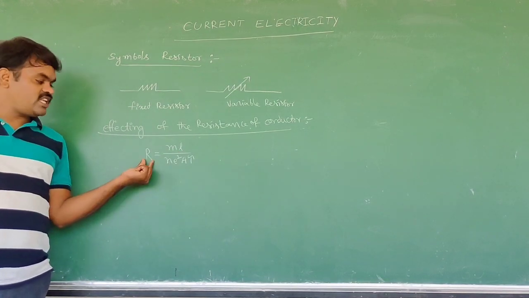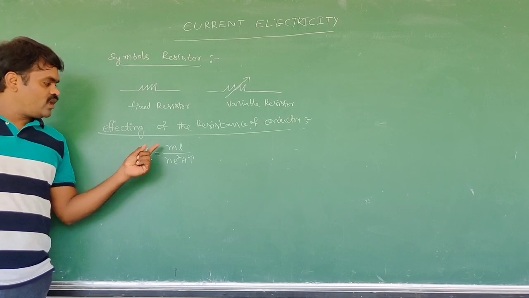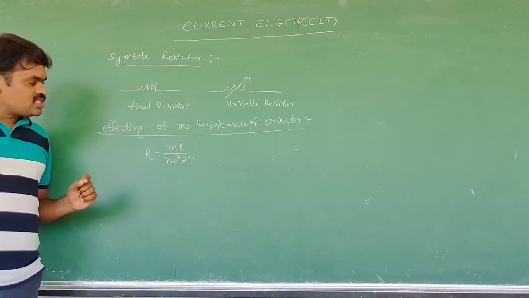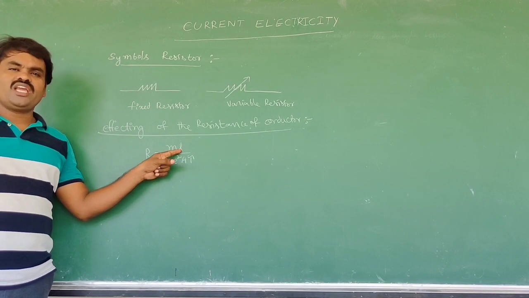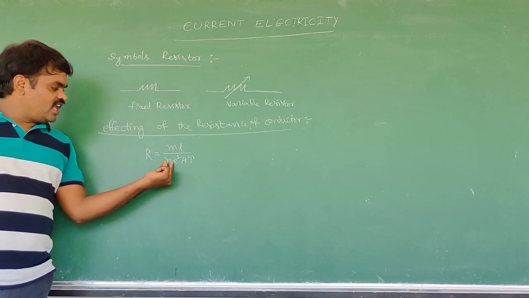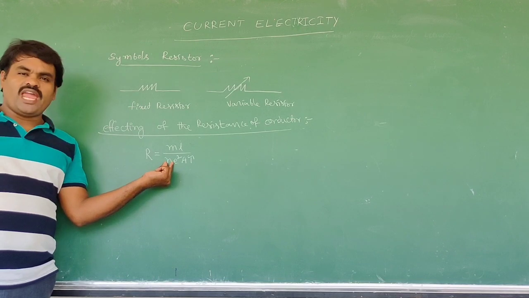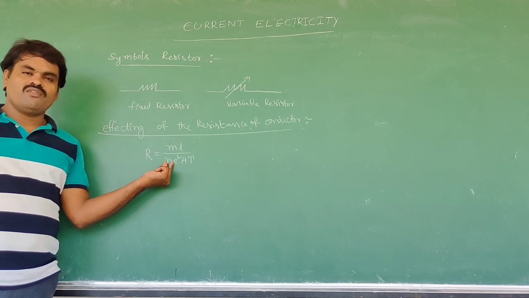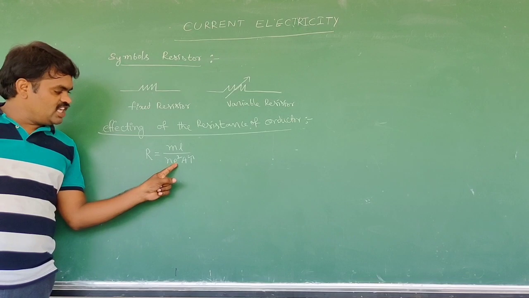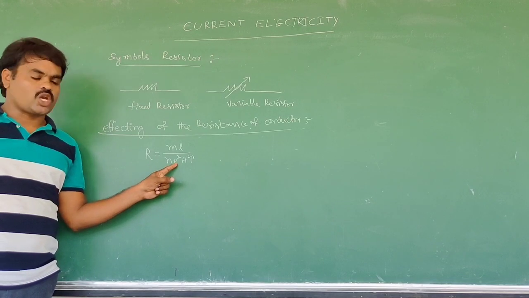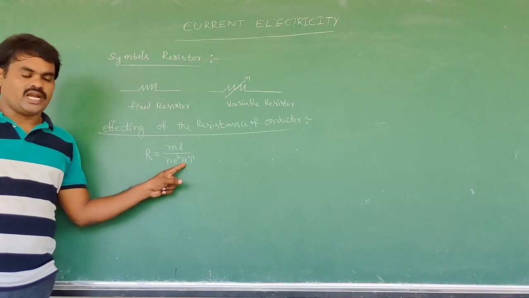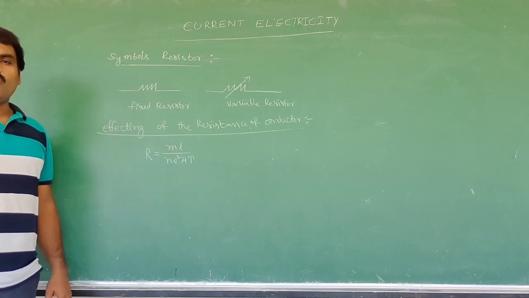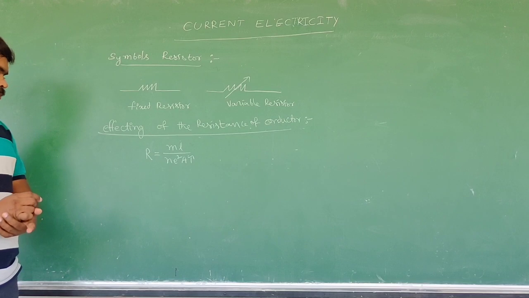This is the resistance formula. m is the mass of the electron, L is the length of the conductor, N is the number of electrons per unit volume of the conductor, e is the charge of the electron, A is the cross-sectional area of the conductor, and τ is the relaxation time.